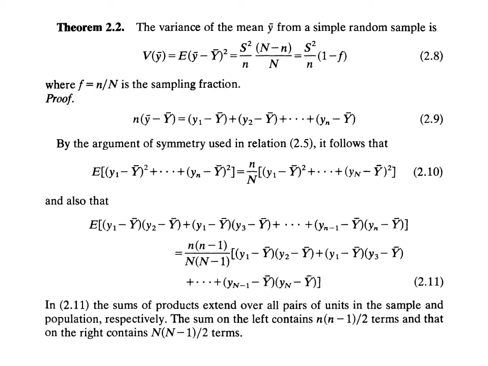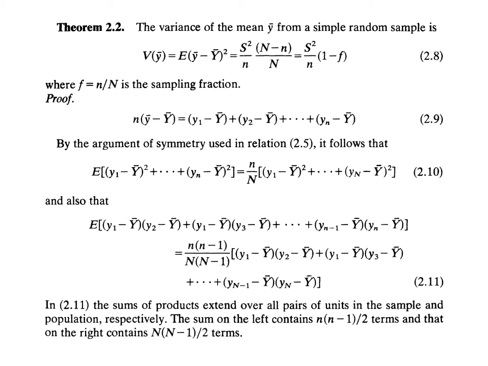The variance of the mean y bar for a random sample is V(y bar) equals the expected value of (y bar minus capital Y bar) squared, equal to S squared over n multiplied by (N minus n) over N, which is equal to S squared over n multiplied by (1 minus f), where f equals n over N, which is denoted the sampling fraction.